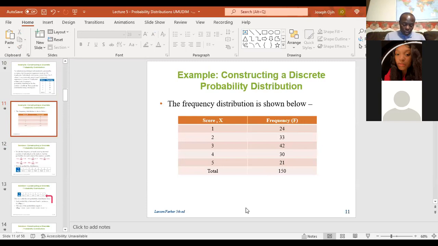We have the score 1, 2, 3, 4, 5, and total. Then we have score and then frequency.